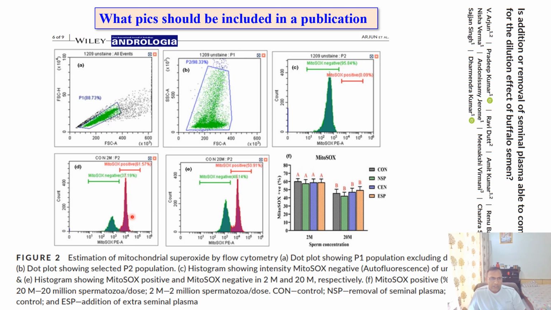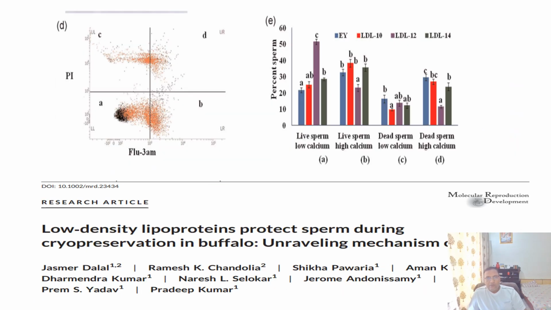We run the positive sample, then the negative sample, then the bar diagram. Many times there is a restriction on the number of figures. In that condition, you cannot put all the flow cytometer figures in your publication.